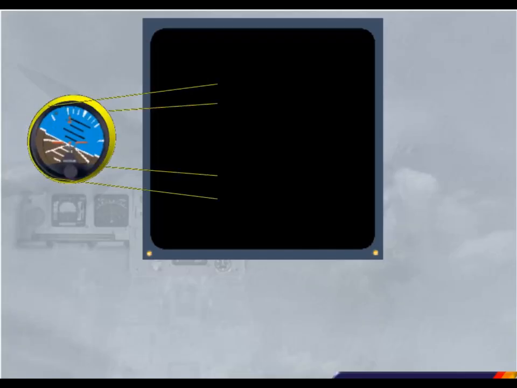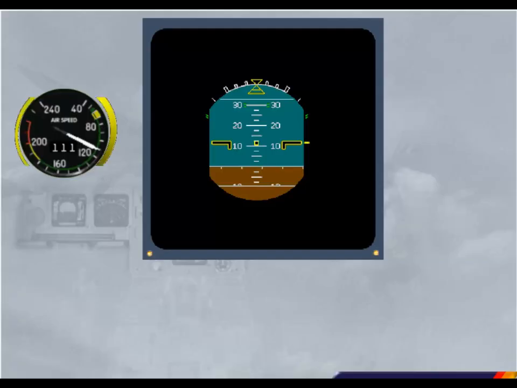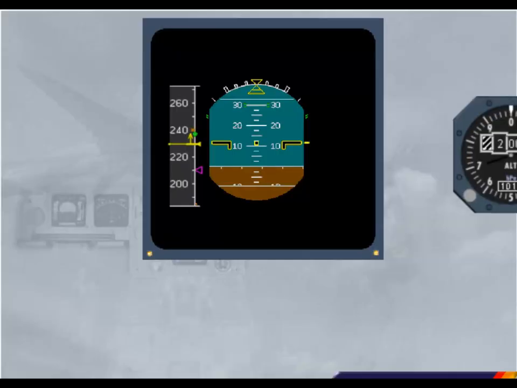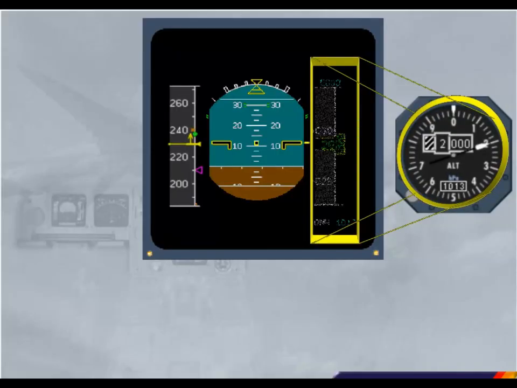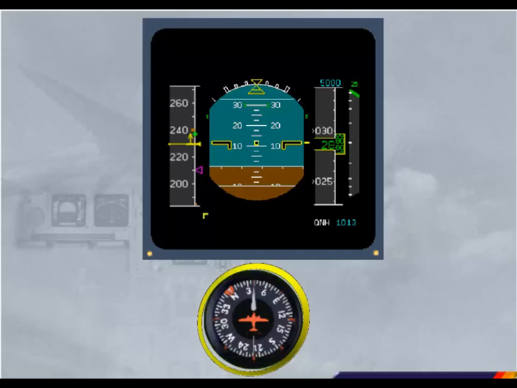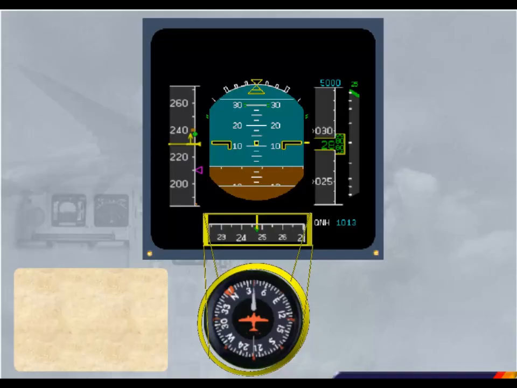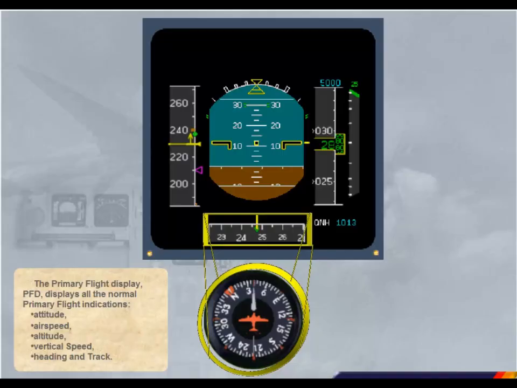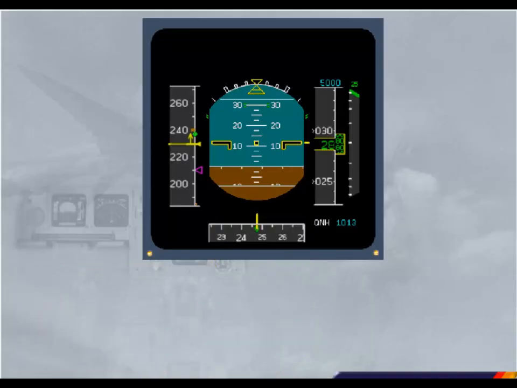The Primary Flight Display, PFD, displays all the normal primary flight indications: attitude, airspeed, altitude, vertical speed, and heading and track. Notice that the indicators are laid out in a conventional instrument T configuration.